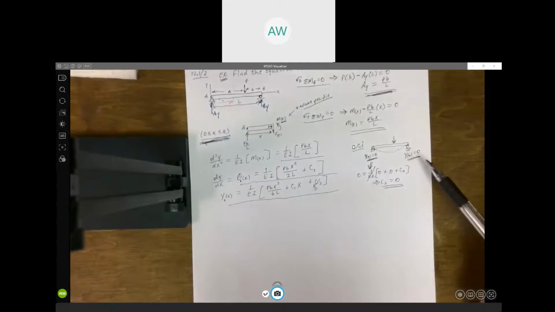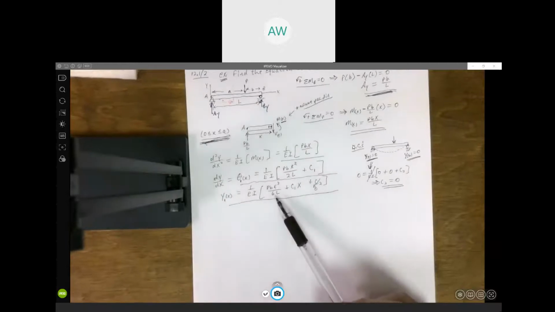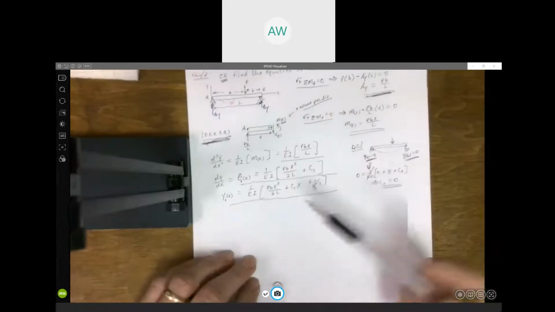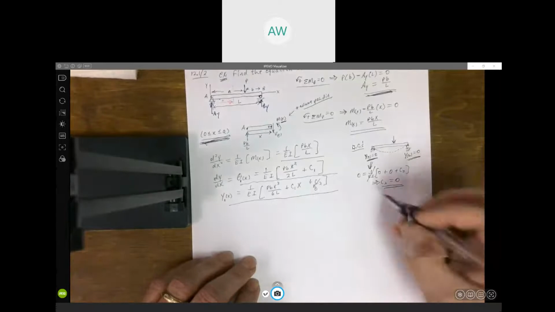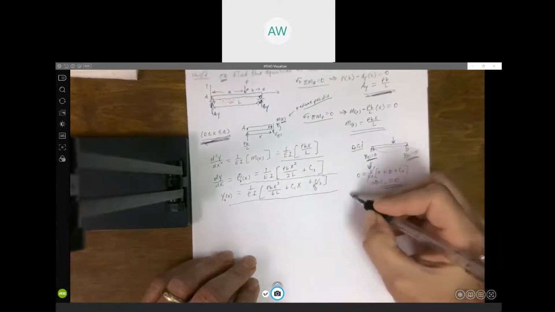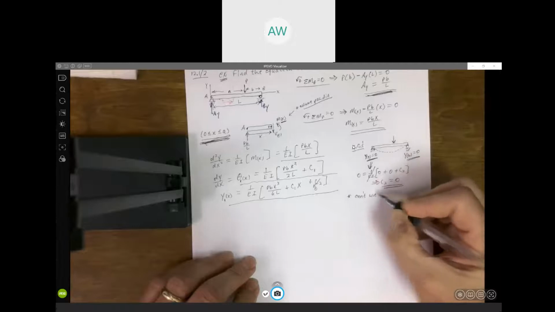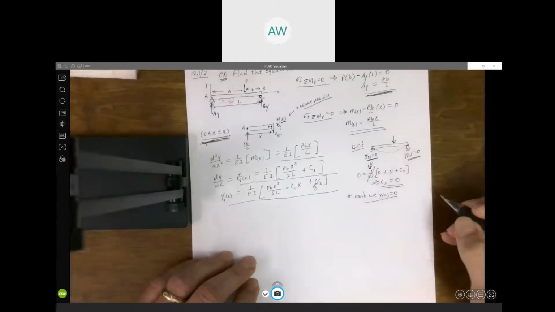And this is where I see students, again, all the time make a mistake. They'll come and use this equation. They'll plug x equals L in there and solve for C1. And it's wrong because you can't use this one, right? So we just make note and understand why we can't use this boundary condition.